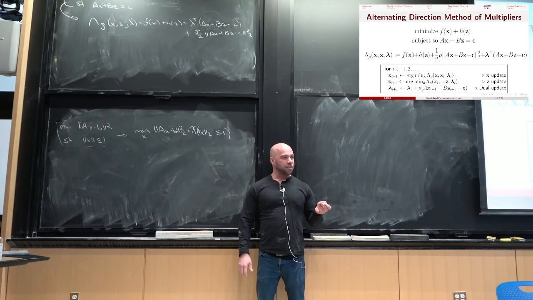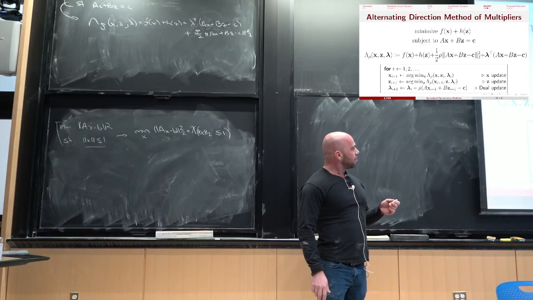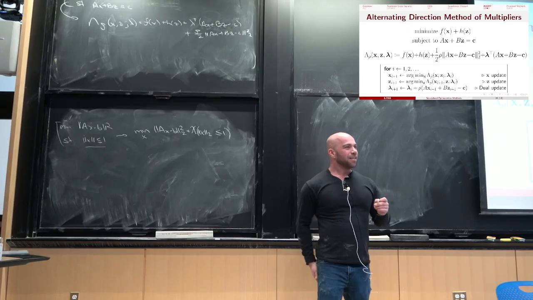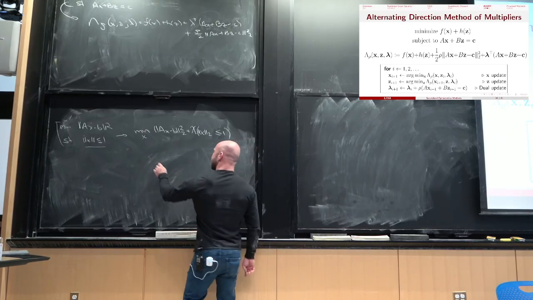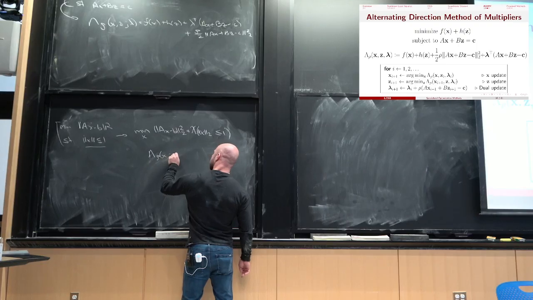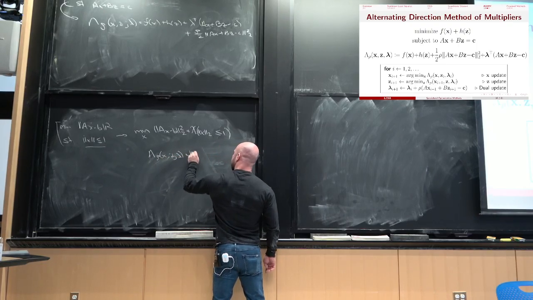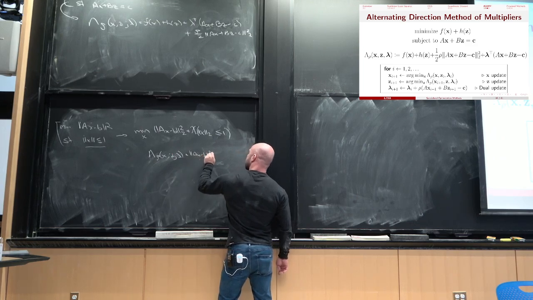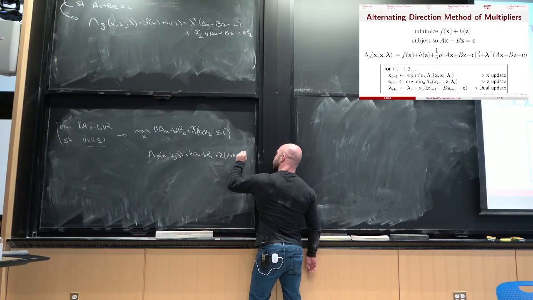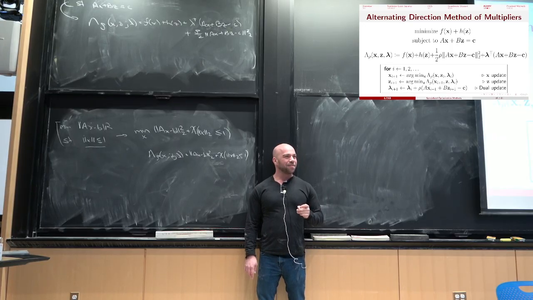What is the augmented Lagrangian of this thing? Well, first of all, A, B, and C are all equal to 0, as is H. So basically, the augmented Lagrangian in this case of x, z, lambda is just the norm of Ax minus b plus the indicator, because there is no augmented term in this case.